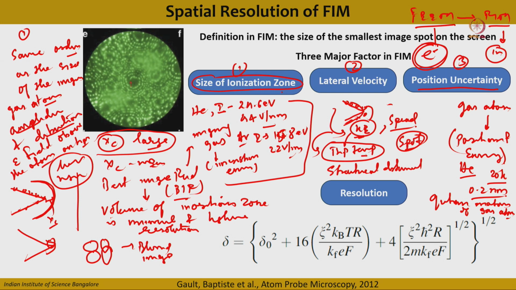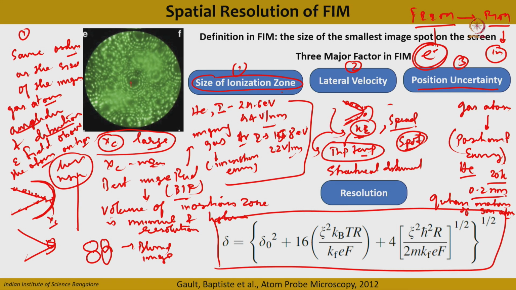Okay, so here there is a simple equation to give an approximate spot size when an ion strikes the phosphor screen. Delta 0 squared is related to the size of the ionization zone. The second term is related to your lateral velocity.